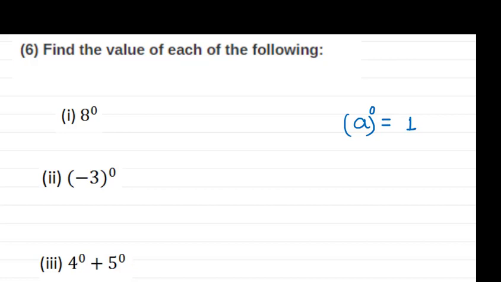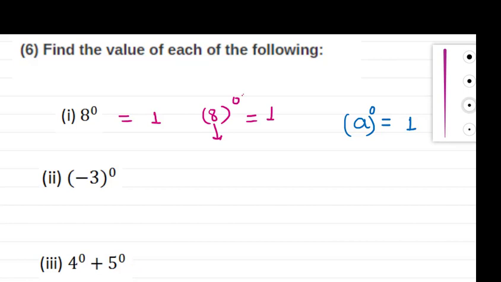So in this question you have 8 to the power 0, which means 1. So this value will be 1. So whatever the base, if the exponent is 0, then your value will be 1.